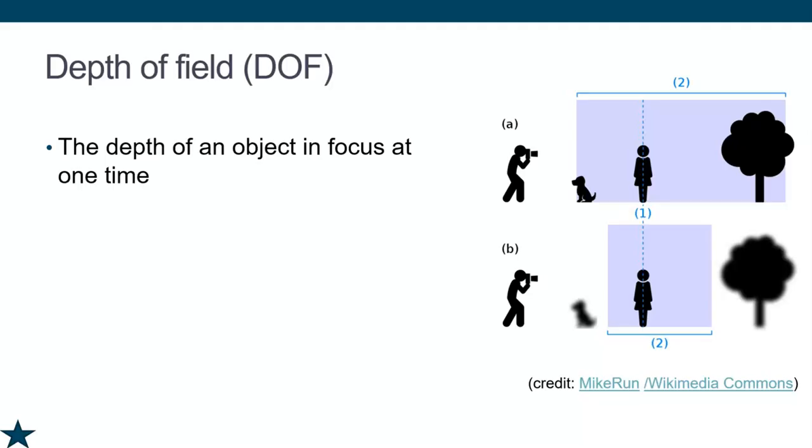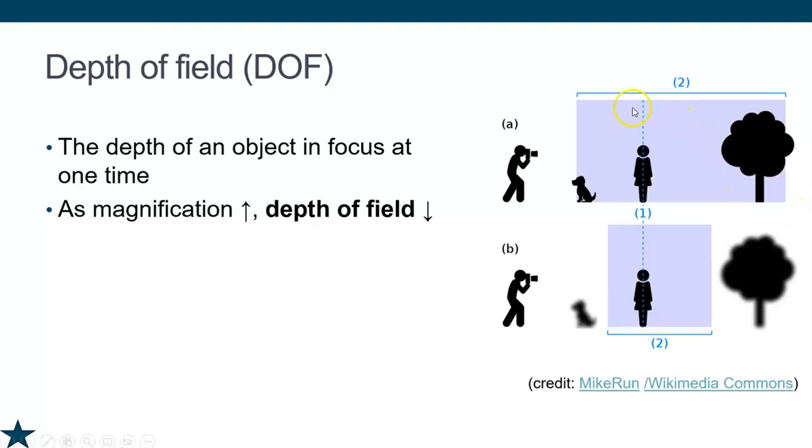It's obviously from a photographer's point of view, but I appreciate that it shows you what happens as you zoom in on the area. In this picture, in the first one, the area is from the dog to the tree. We see all of it. We see the dog, we see the human, we see the tree. But as we zoom in, we lose the dog, we lose the tree, but we can now see the human. We've lost the depth, right? We can no longer see all the layers that have been presented in this situation.